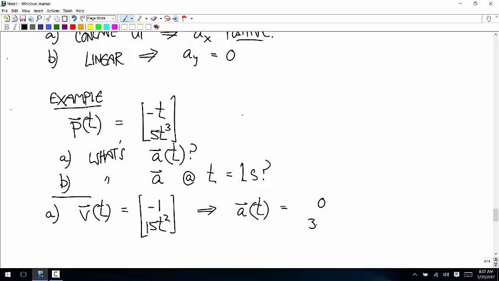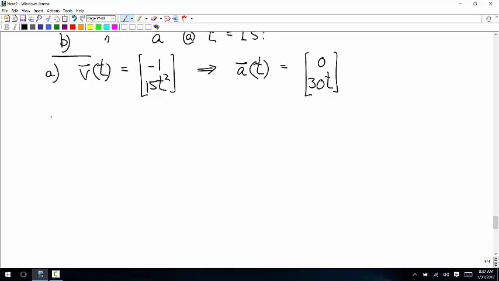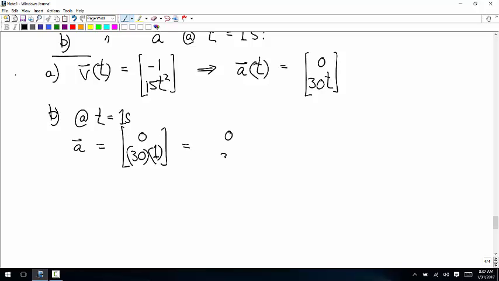So that's 0, 30t. And then now we just evaluate it at 1 second. So when time is equal to 1 second, the acceleration vector is just 0, 30 times 1 equals 0, 30.